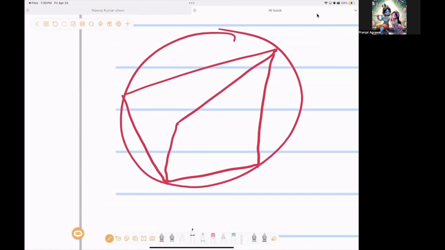So you see, this is O. And given ZYW is equal to 10.